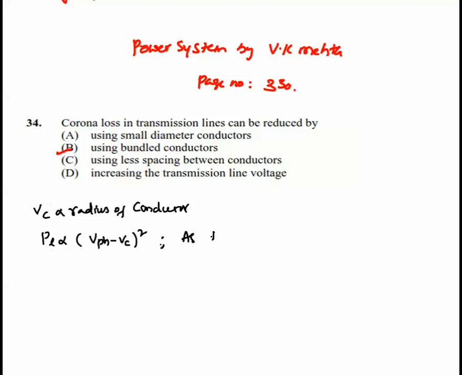As bundle conductors increase the radius of the conductor, this will increase the Vc value. As Vc increases, the total value of the square decreases, that is, power losses decrease here. So power losses is nothing but corona losses.